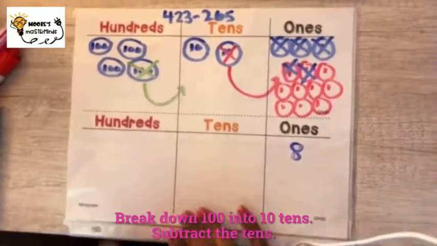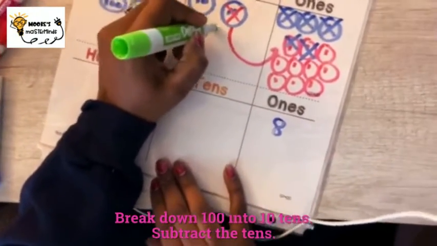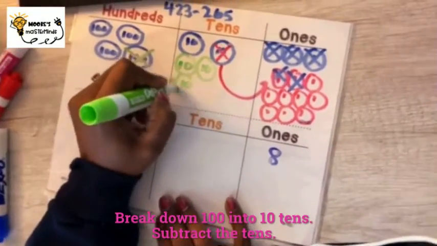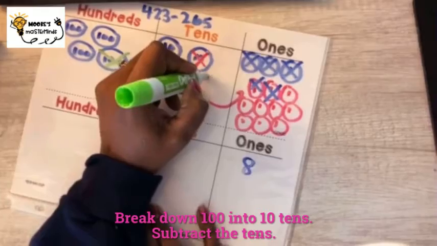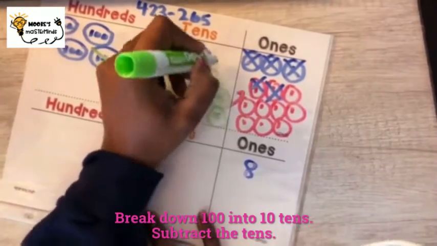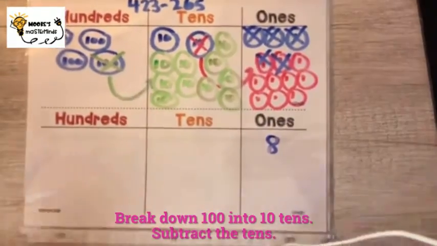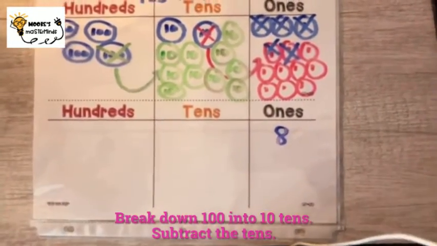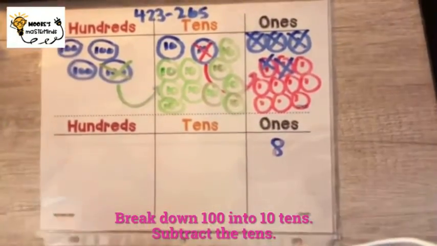So I'm going to break down 100, and I'm going to draw out 10 tens, wherever you have space. I drew these out kind of big. All right, so now I have enough tens where I can take away 6 tens.